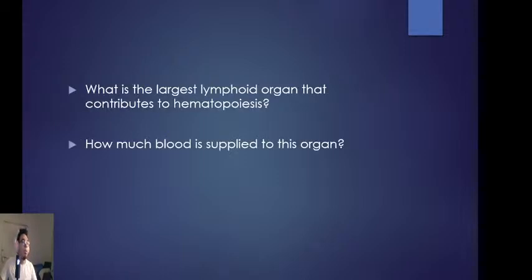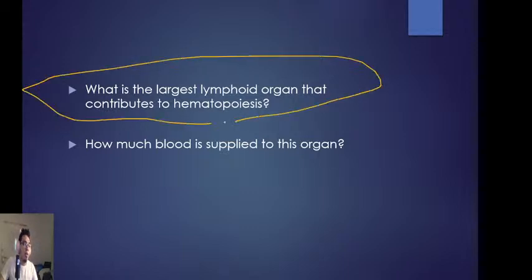Next, the largest lymphoid organ that contributes to hematopoiesis. Again, this is another question in previous board exams. I added it here. It's the spleen. Be careful with the words: the largest lymphoid organ.